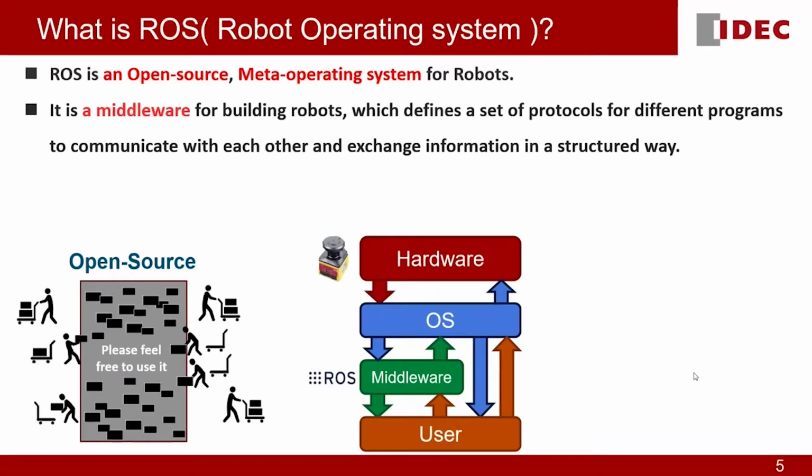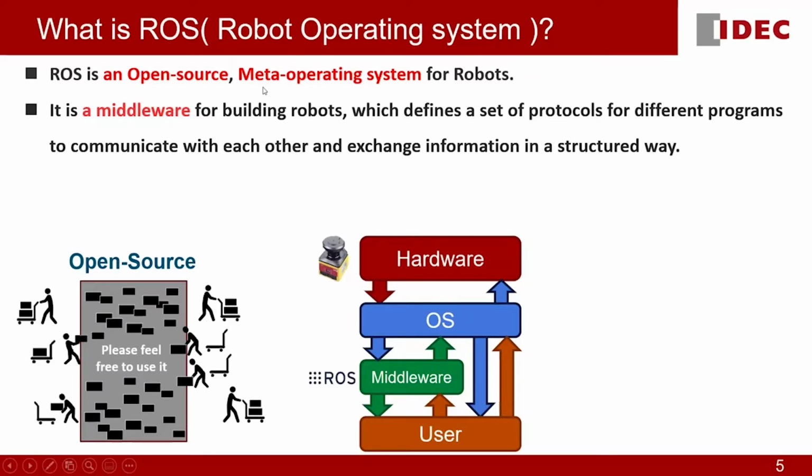So let's say you're having SE2L and we as a user would like to communicate with the hardware and take the data. And the interface which you're using is the PC or other hardware, like Raspberry Pi or other interfacing devices. In that case, we need to install the middleware, that is ROS, to communicate with the actual hardware. In our case, it is SE2L.